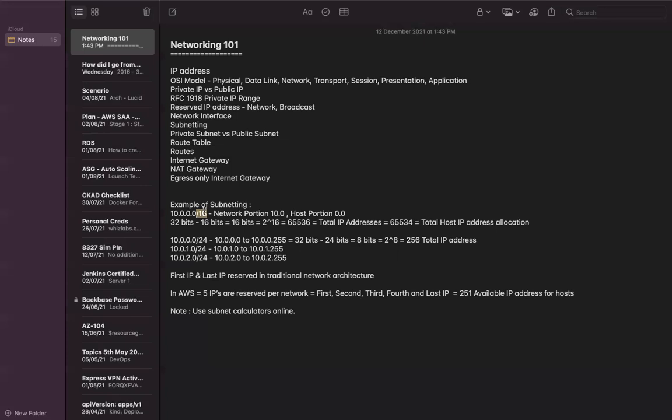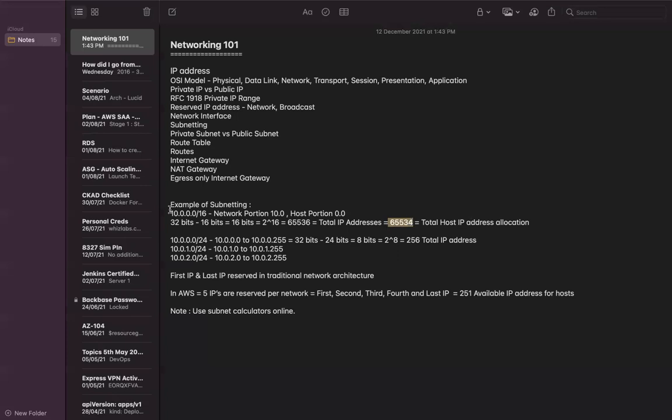But in traditional networking terms, you have two IP addresses that are reserved, which we saw in the previous class: the network address and the broadcast address, which are the first IP and the last IP. This means the total number of hosts that can be allocated out of this big network is 65,536 minus 2, which is 65,534.